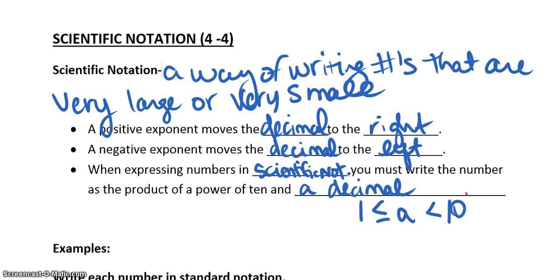So it's to be 1 or bigger, but less than 10. That's going to be the way to figure out where you're going to put the decimal point, because you know that the decimal part of it has to be between 1 and 10, and then it'll always be a power of 10.